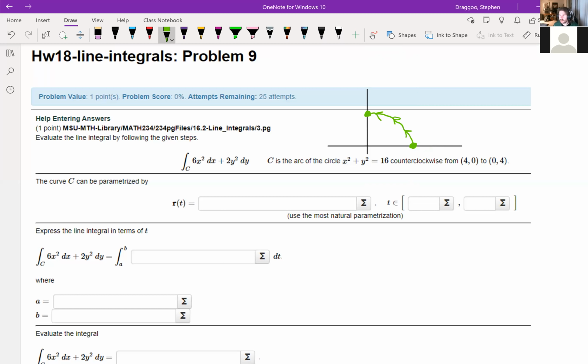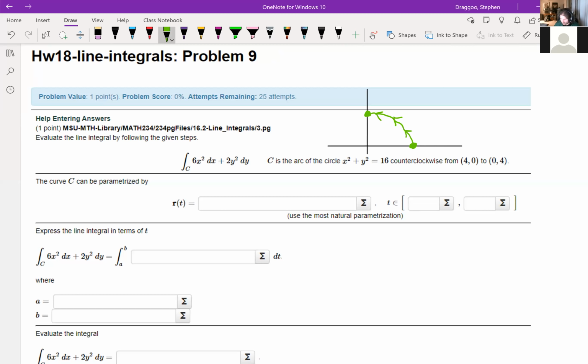That'd be the direction that we're going if I'm traversing that arc. It's just a quarter circle.